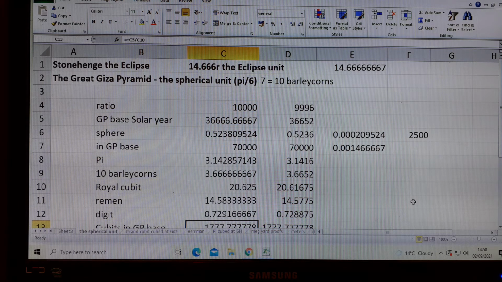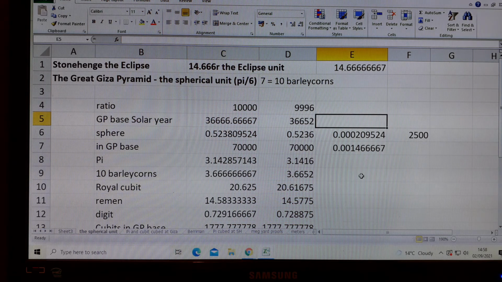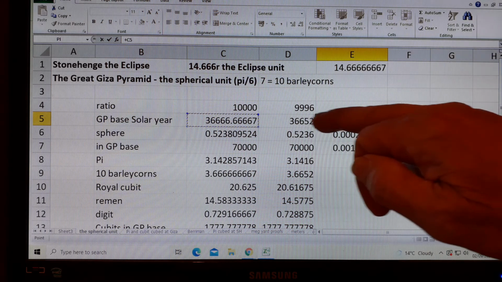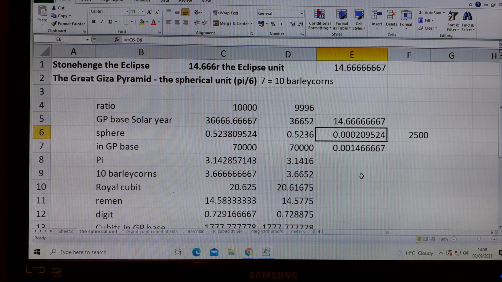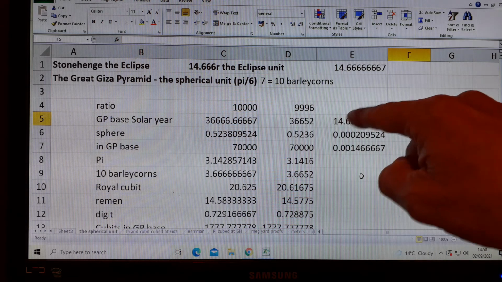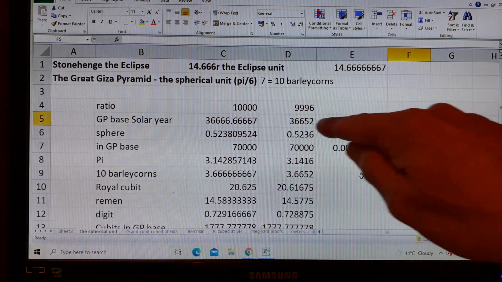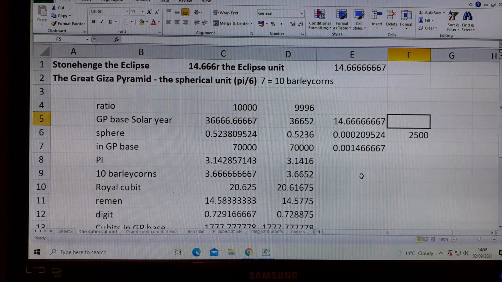There's a lot more I could talk about. In fact, I'll just say one more thing, because if we take the second unit from the first, we get the eclipse unit. And we know now there are 2,500 of those in that and 2499 in that. So we know what's happening here now.